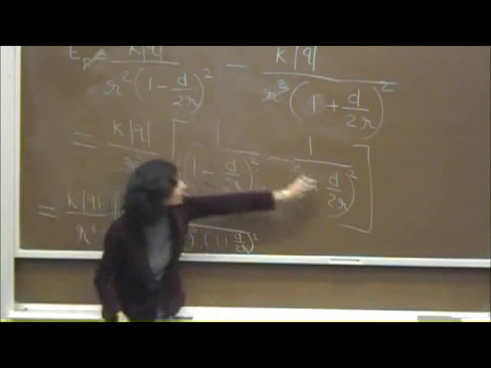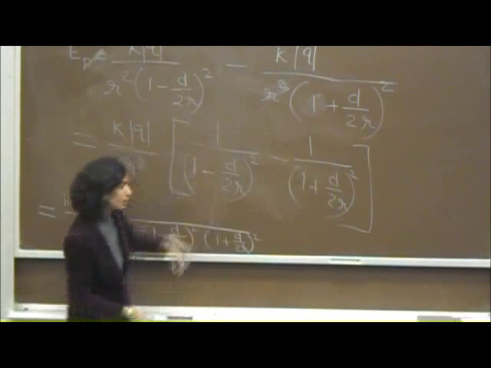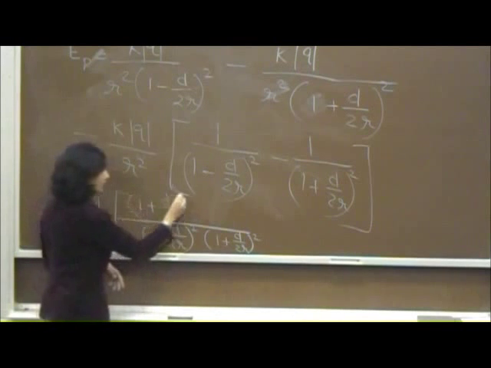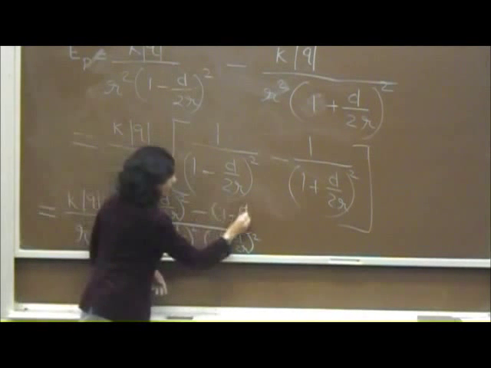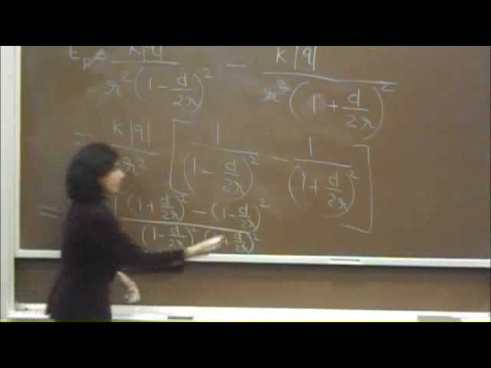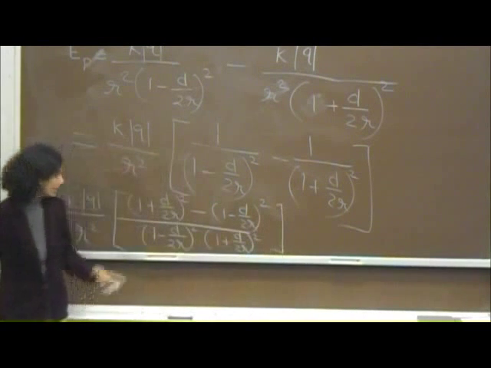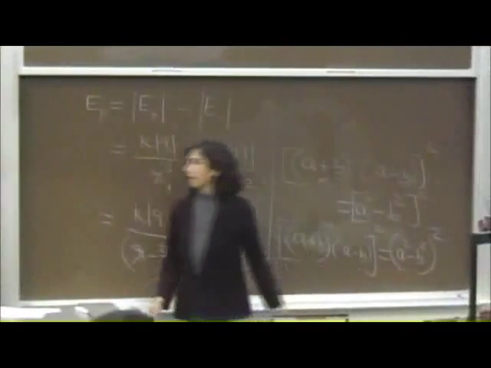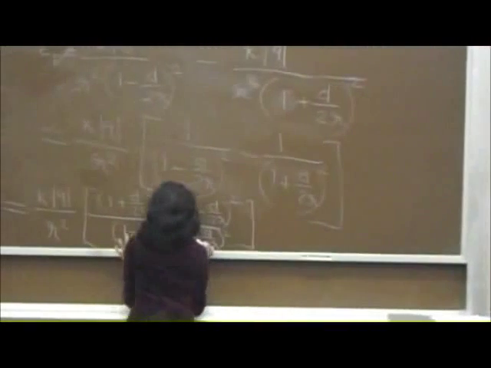Then do you see that here 1 will get multiplied by this? So I'll have (1 plus D over 2R) squared minus (1 minus D over 2R) squared. Is everybody with me? Then using this fact, I can write the denominator like this.